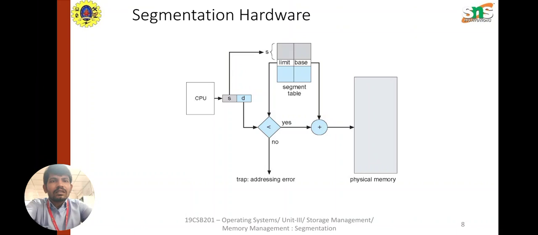Otherwise, it goes directly to the trap, an addressing error. So the offset going beyond the limit is an error in segmentation.